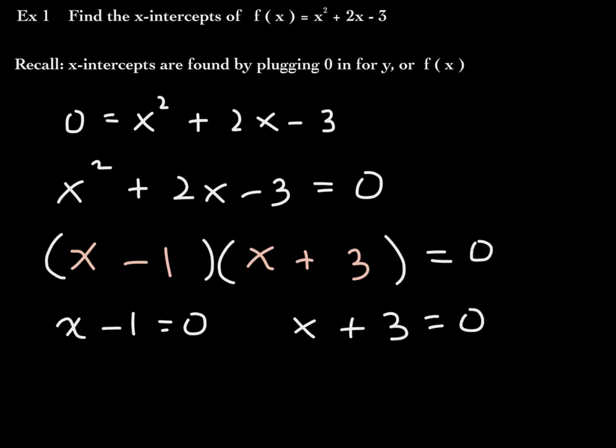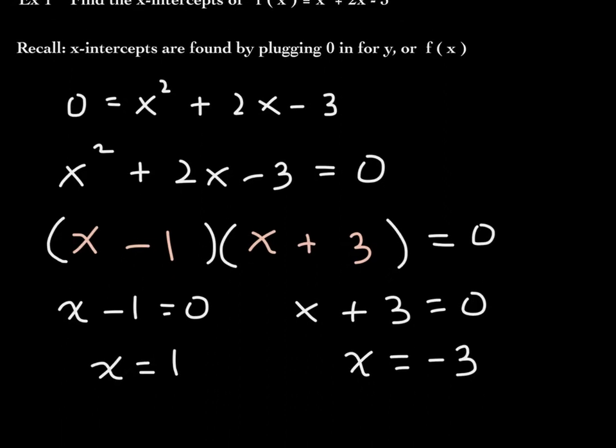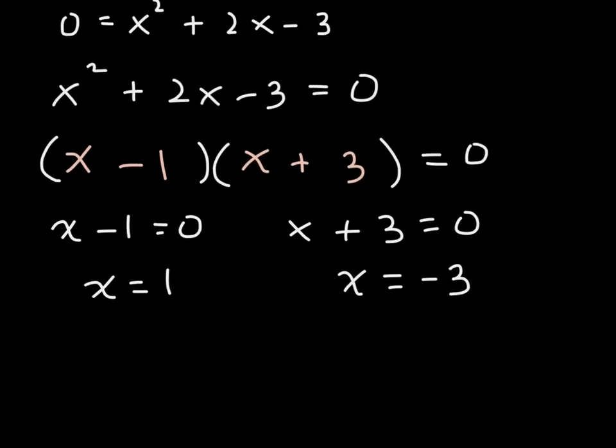So you can see that in this one we're going to add 1 to both sides, here we're going to subtract 3 from both sides, and you're going to get x is either 1 or x is negative 3. What you just found right now are the x-intercepts of the graph of this quadratic. Allow me to please write them in ordered pair form. 1, 0, remember we plug 0 in for y, and negative 3, 0. All right, so those are the x-intercepts.